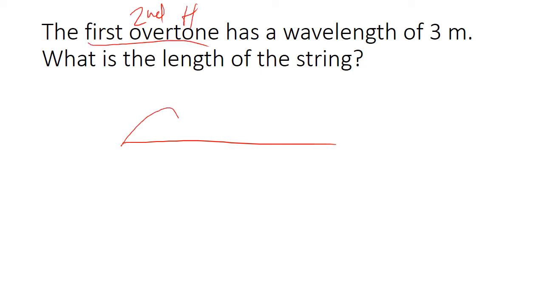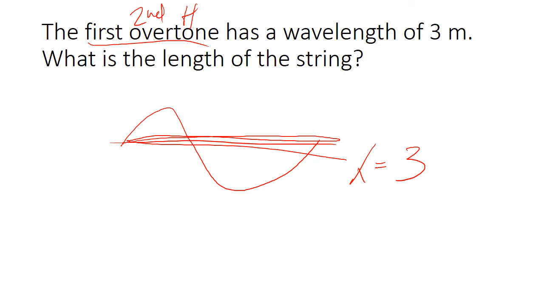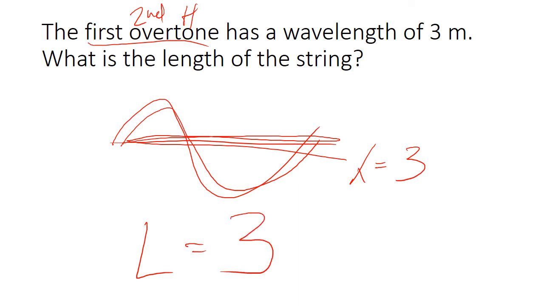So it's going to look something like that, beautifully symmetric. If this has a wavelength of 3, so lambda is equal to 3, how long is the string? Well, this is a full wave, so L is equal to 3 meters.